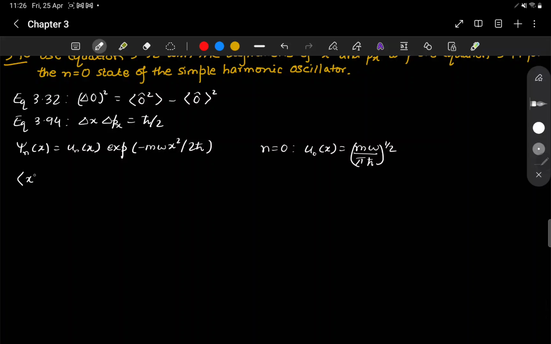So first let us do the expectation of the x squared operator. Now the x operator is just the value of the position x, so this simply reduces to the following.